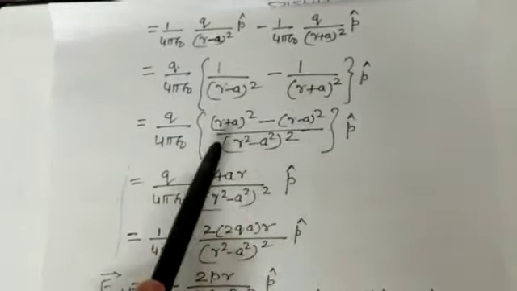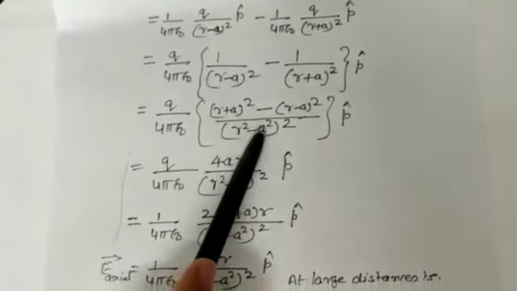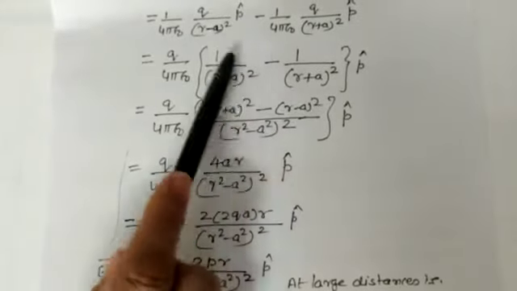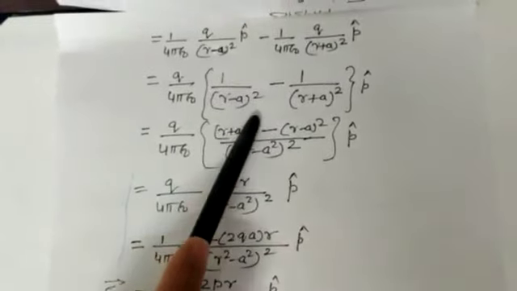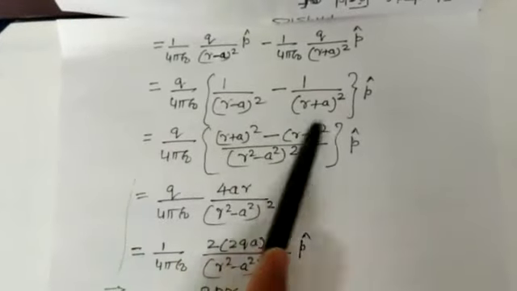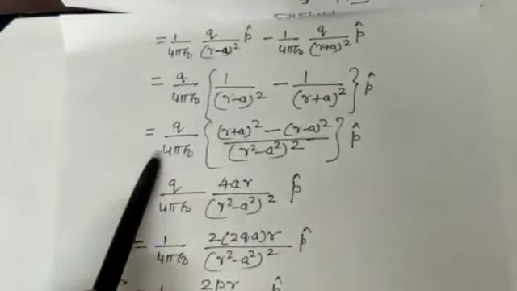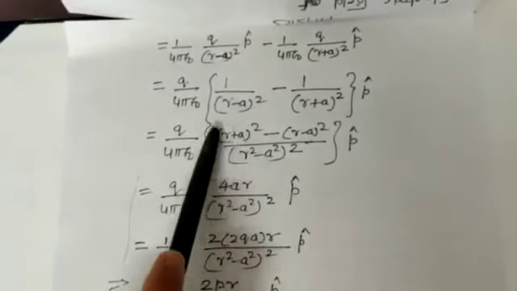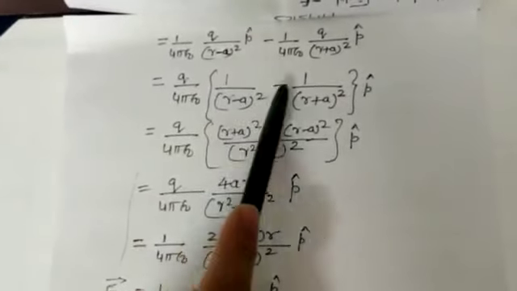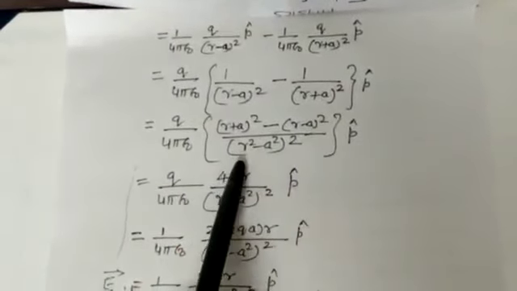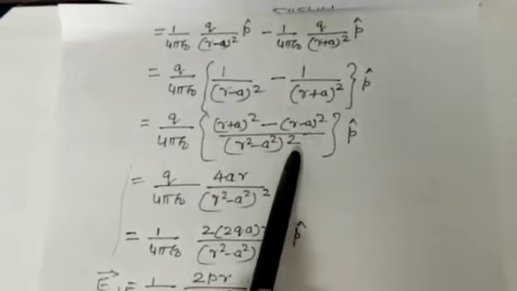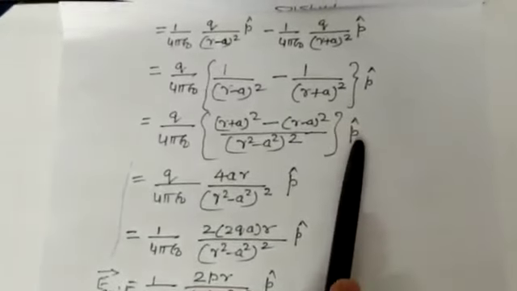If you take the LCM, it will become (r square minus a square) whole square. The numerator will be (r plus a) whole square minus (r minus a) whole square. So the complete equation is q by 4 pi epsilon naught, inside the bracket (r plus a) whole square minus (r minus a) whole square upon (r square minus a square) whole square, into p unit vector.